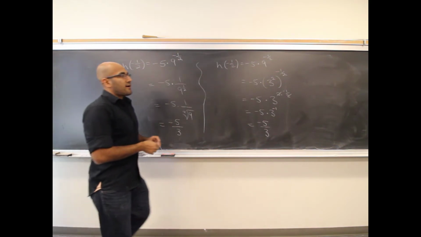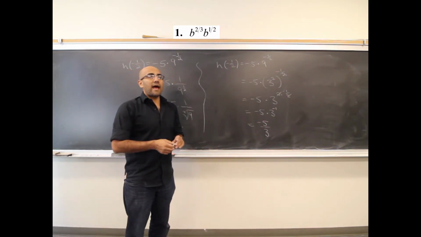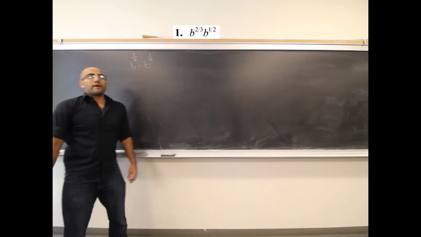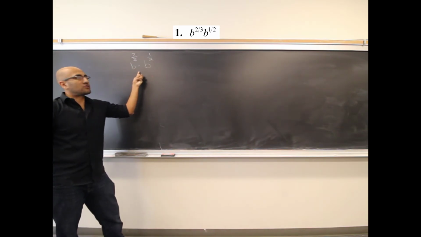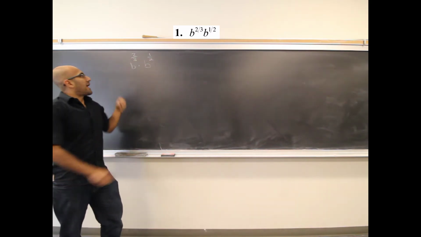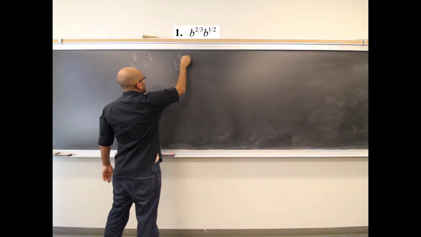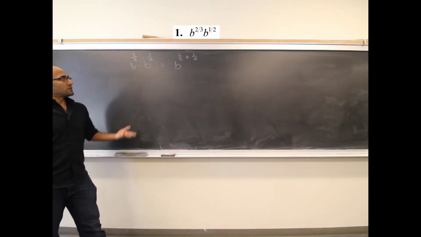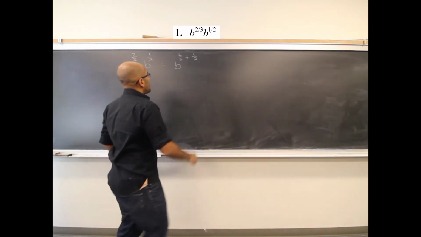So how about simplifying b to the 2/3 times b to the 1/2? Okay, so what property helps us here? When we're multiplying two exponential numbers with the same base, we get to add the exponents. So this is b to the 2/3 power plus 1/2 power. Now we gotta simplify, we gotta get a common denominator.